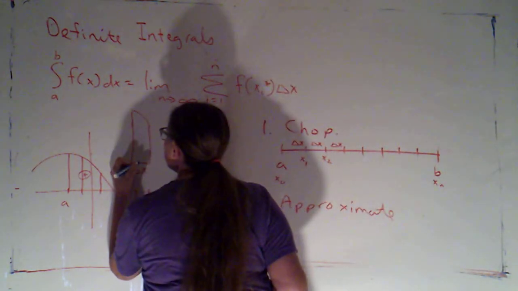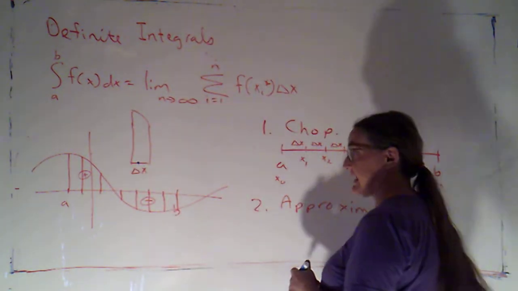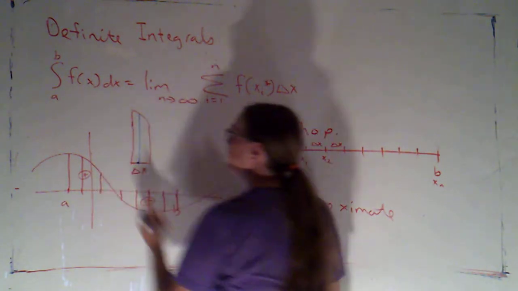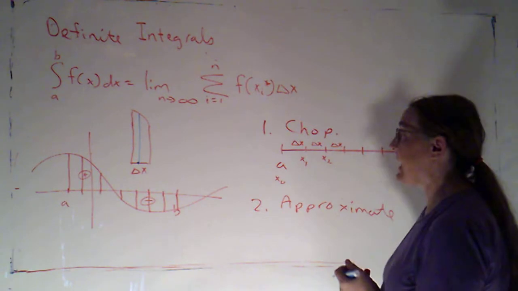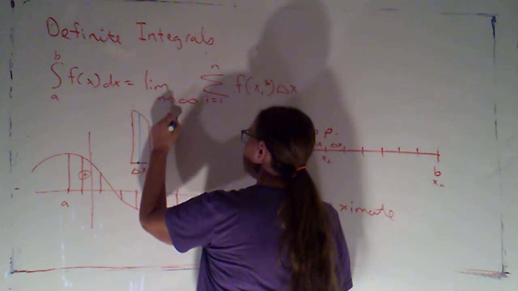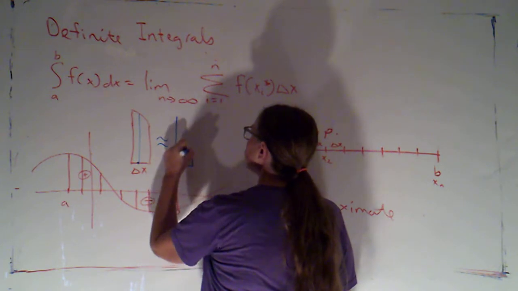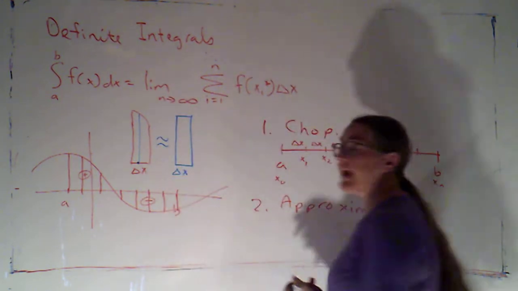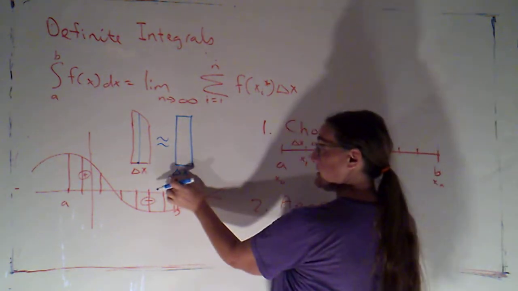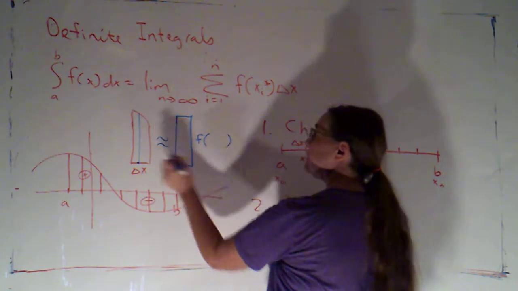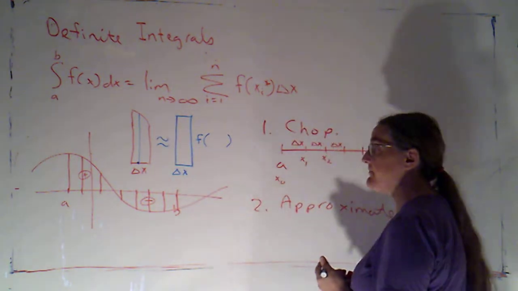So we're going to choose a representative x value, and we're going to just look at what the function value is there. We're going to find the height at that particular x value, and we're just going to pretend that we get a constant height over that entire subinterval, so that we would have a rectangle whose base was delta x, and whose height was just my function evaluated at this representative x value.